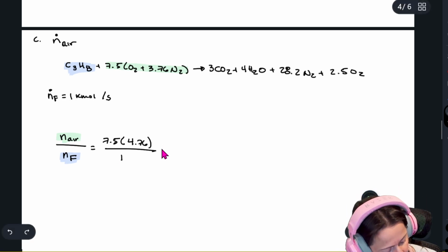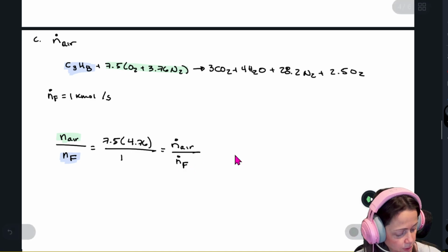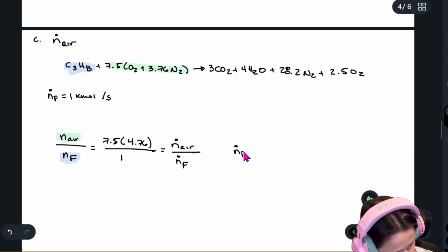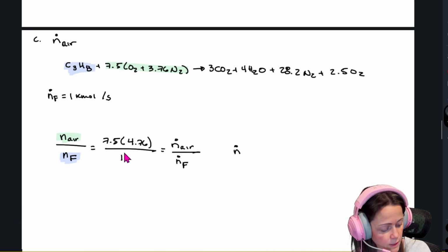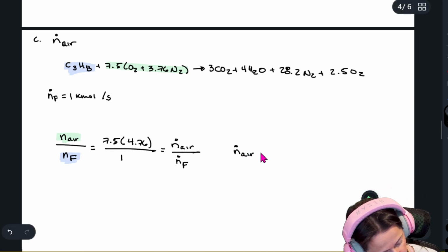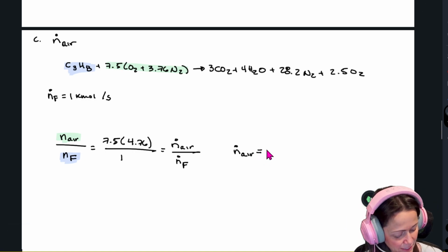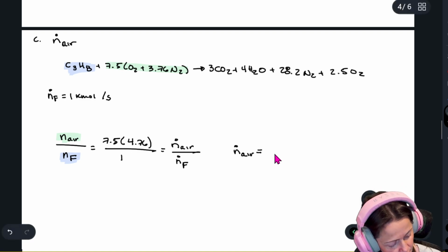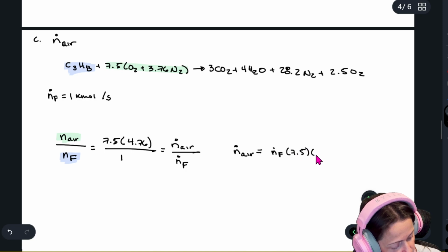All right. But I also know that this will be the same for the molar flow rates, right? So from there I can get that the molar flow rate of my air is going to be 1 kilomole per second, N dot F, times that, N dot F times 7.5 times 4.76.